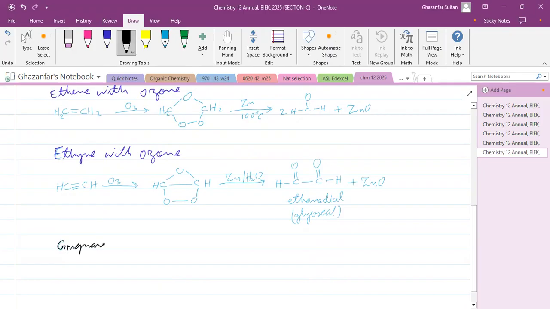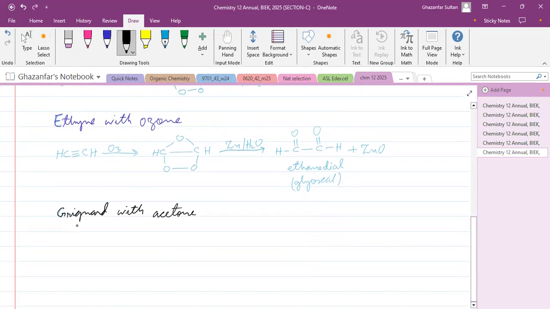So in such cases, you can draw the simplest Grignard reagent, that is methyl magnesium iodide, and react it with acetone. Acetone is propanone, so propanone is drawn here.